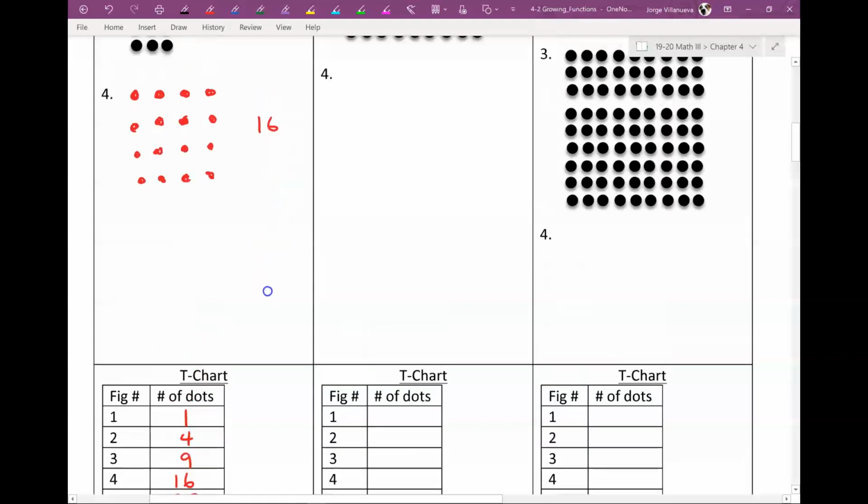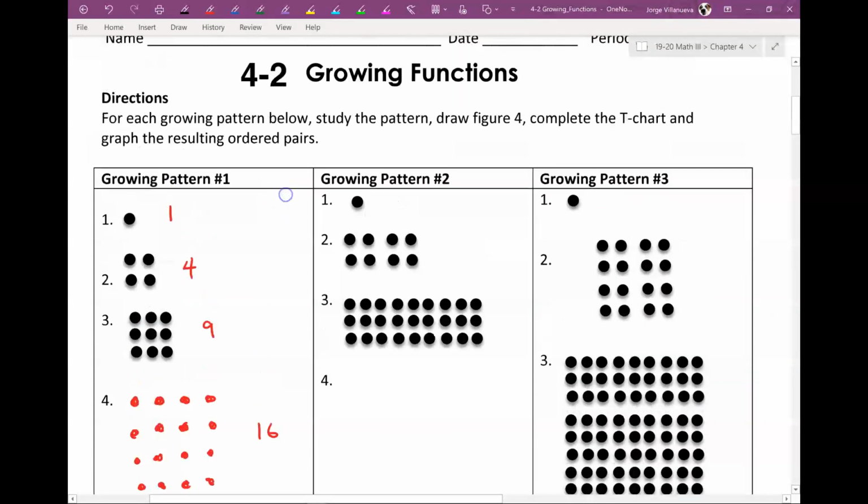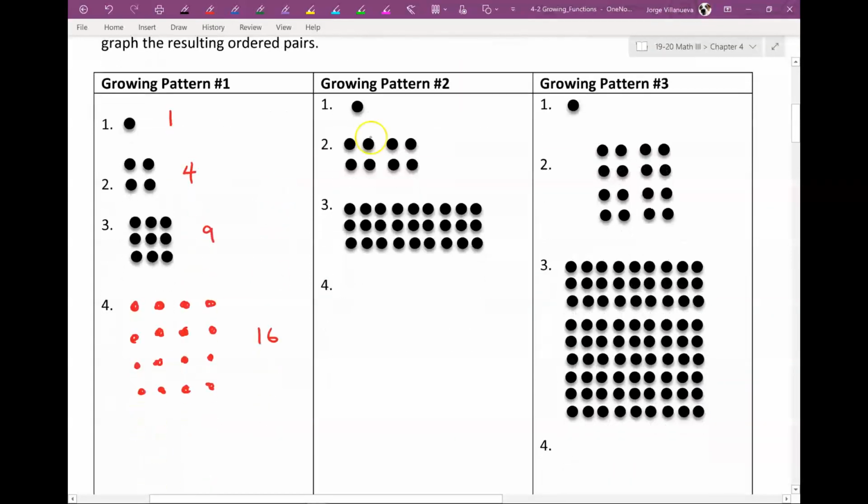Now, if you look at the next one, notice how it has these little patterns, right? The first one is just 1, but the next one is a 2 by 2 square, but twice. The next one is a 3 by 3 square 3 different times.